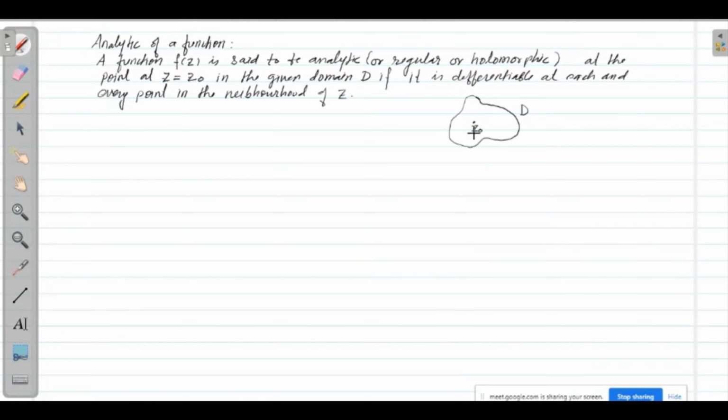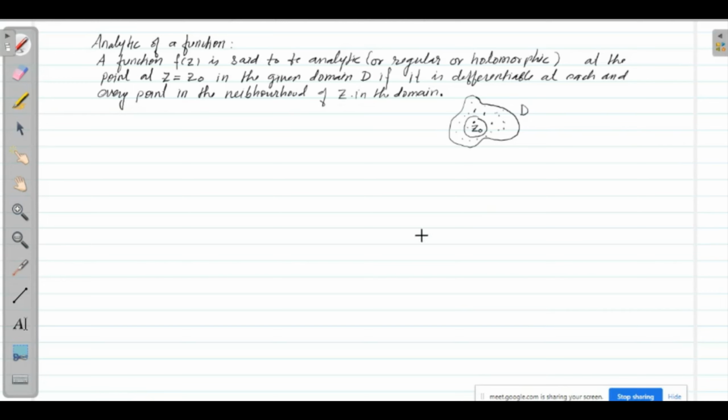We can say that the function is analytic in the domain D if the function is differentiable at each and every point in the neighborhood of z in the domain. Okay, so this is your definition of an analytic function.